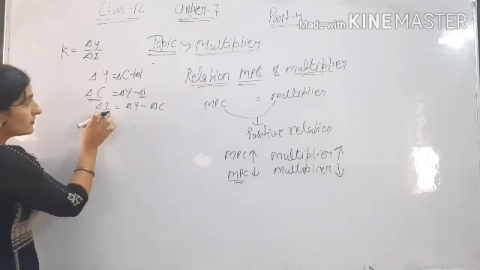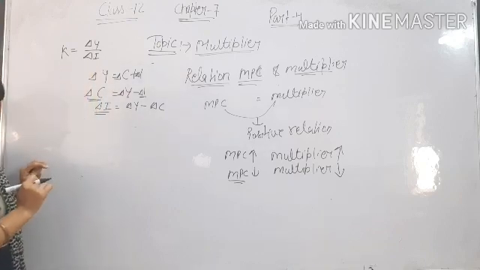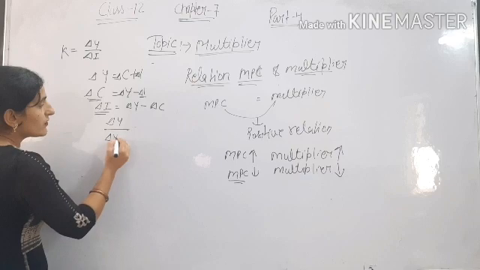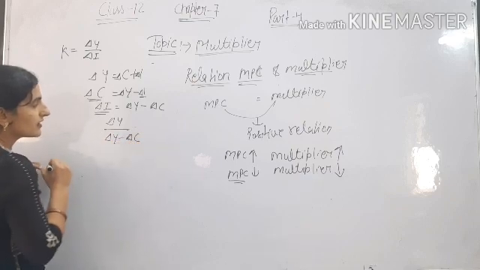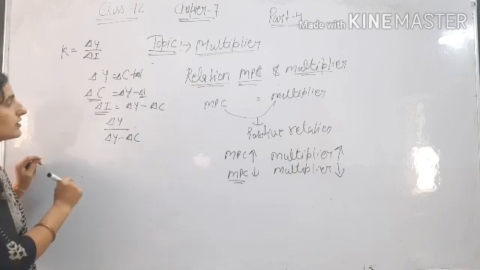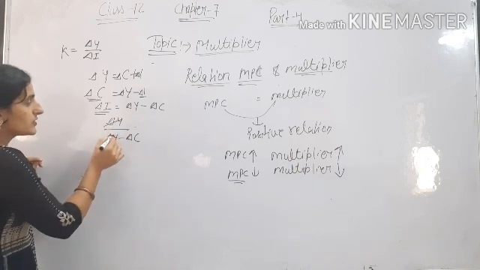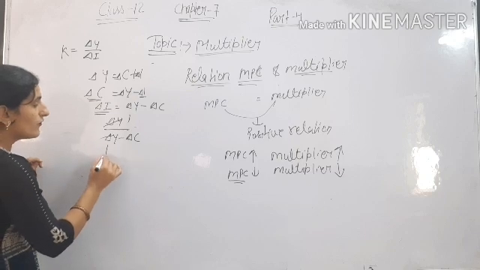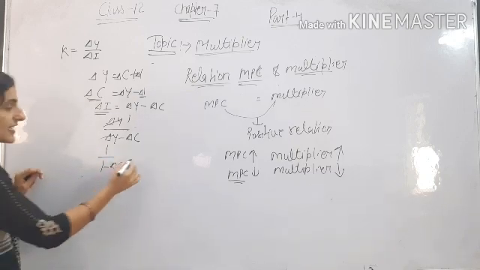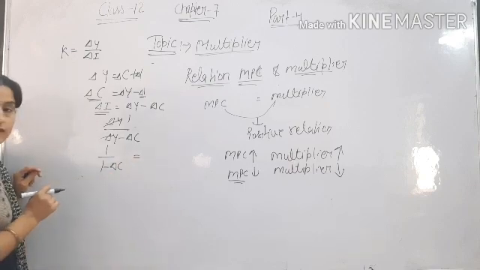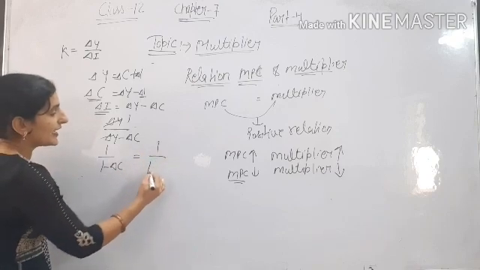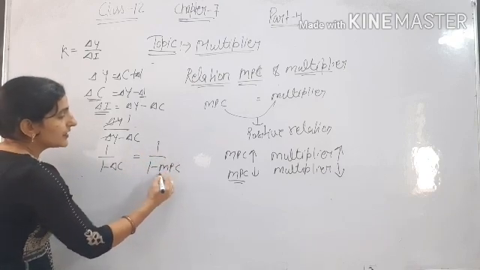So here this value can be put as change in Y upon change in Y minus change in C. We can put change in Y times 1 minus change in C upon change in Y, and change in C upon change in Y tells us about MPC, the marginal propensity to consume. So we can write here 1 upon 1 minus MPC.